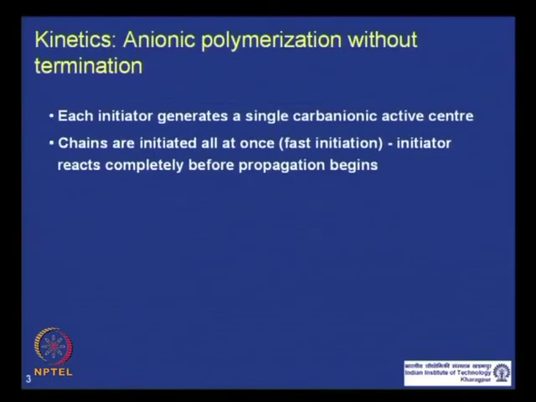But in this ionic polymerization, the initiation steps are much faster compared to the propagation step. Each initiator, whether it is the organometallic butyl lithium or the sodium naphthalene electron transfer reaction, generates a single carbanionic active center. So, the number of moles of initiator will produce the same number of moles of polymer chains at the end of the reaction. The chains are initiated at once because the initiation steps are much faster.